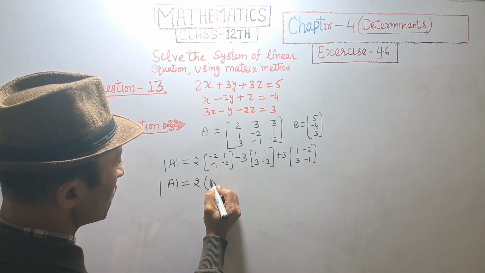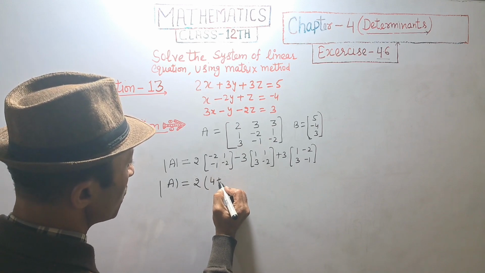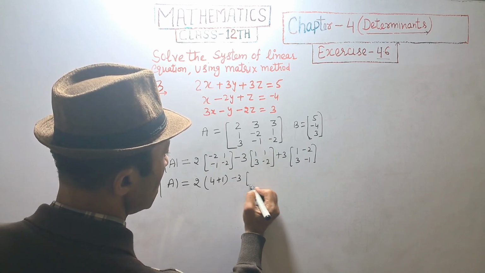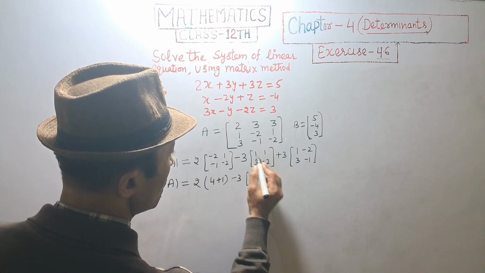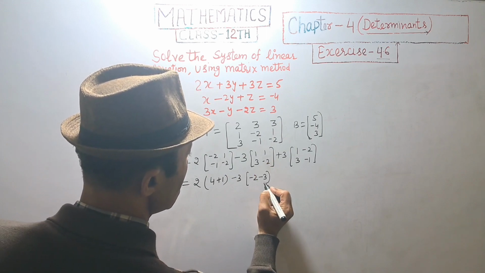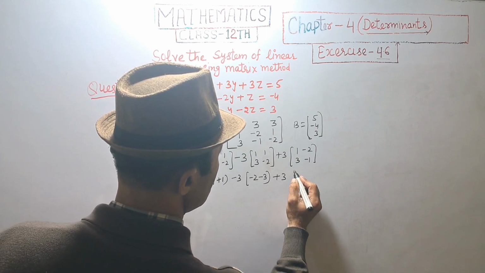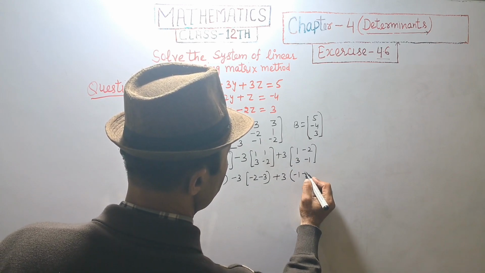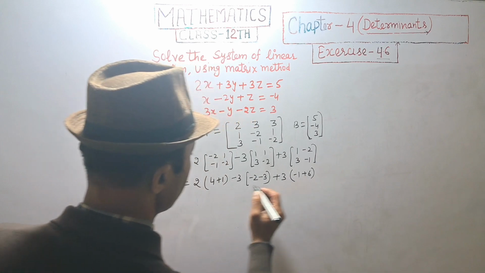2 2s are 4, plus 1, minus minus plus 1, minus 3, 2 1s are minus 2, 3 1s are minus 3, plus 3, minus 1, plus 6.